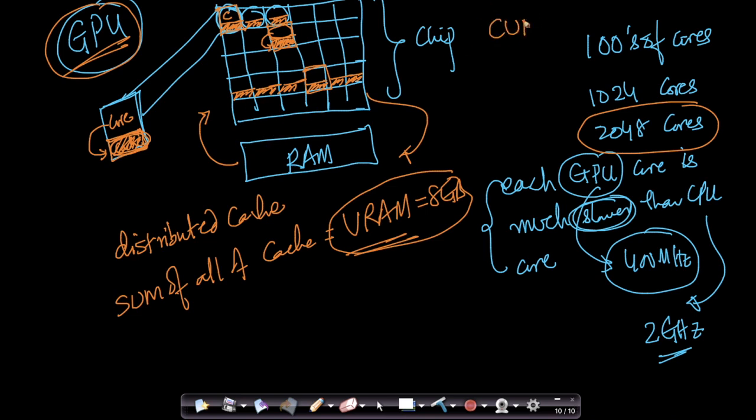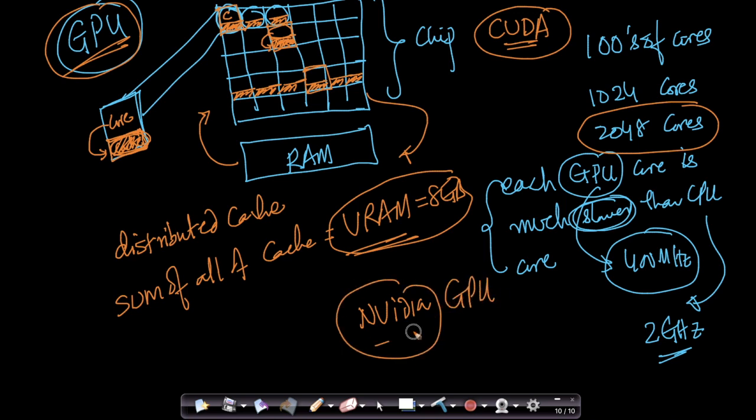CUDA is a programming environment or a toolbox, you can think of it, to actually program NVIDIA GPUs. And by the way, NVIDIA is one of the largest makers of GPU cards in the world today. CUDA is a programming interface through which you can say, this is the data that I have in my RAM. Which part of the data should I bring to each of these cores? How should I build my distributed cache?